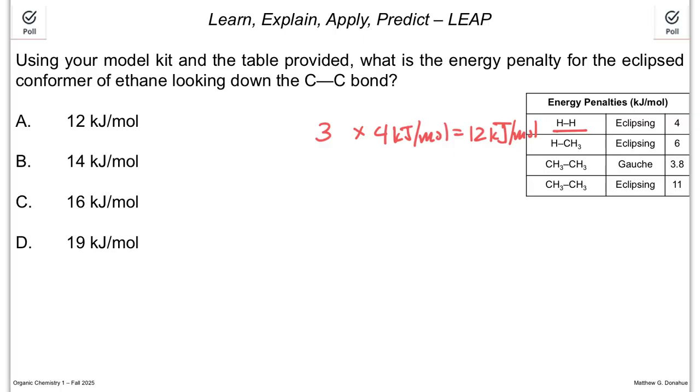And really what that means is this conformer of staggered is more stable, it's lower energy. When you get to here, it's now higher energy. So low, you do this. This is now higher energy. It doesn't want to exist like that because there's a penalty involved.